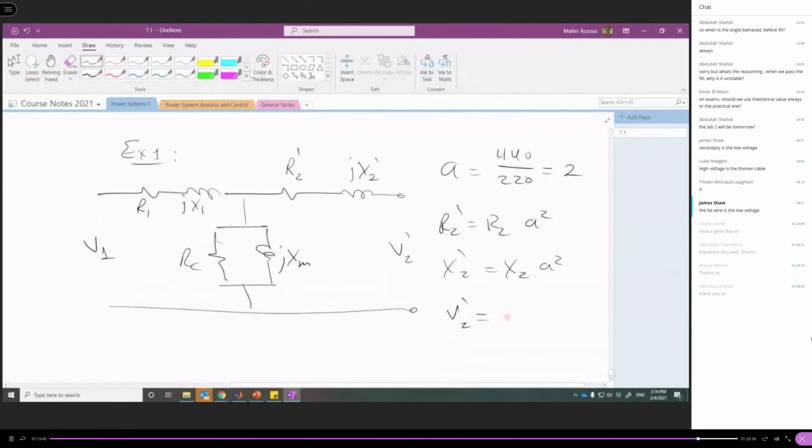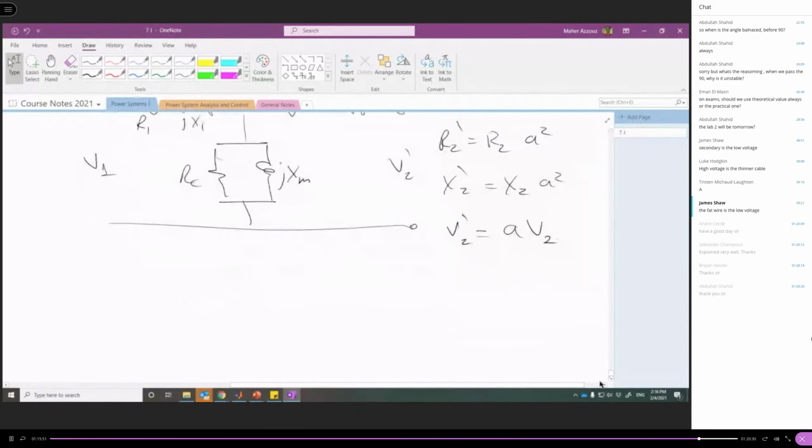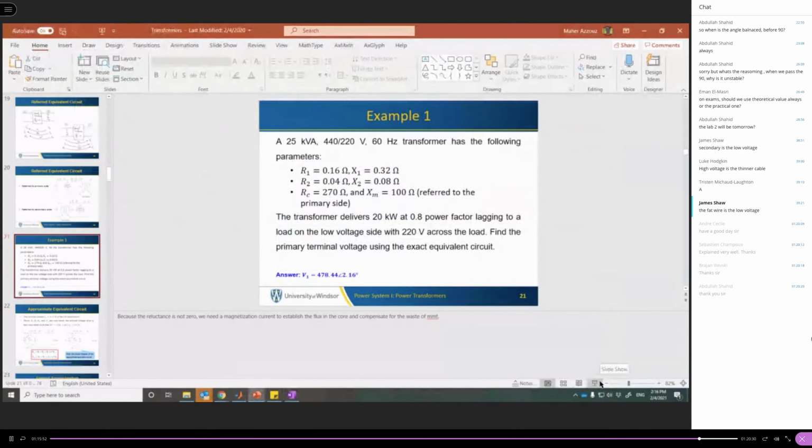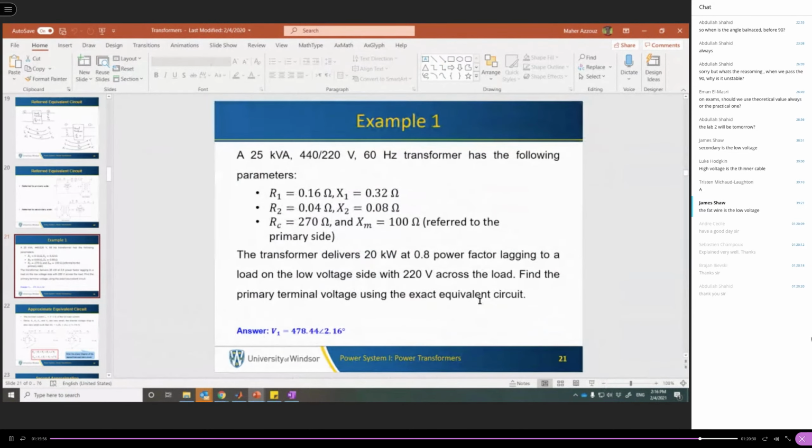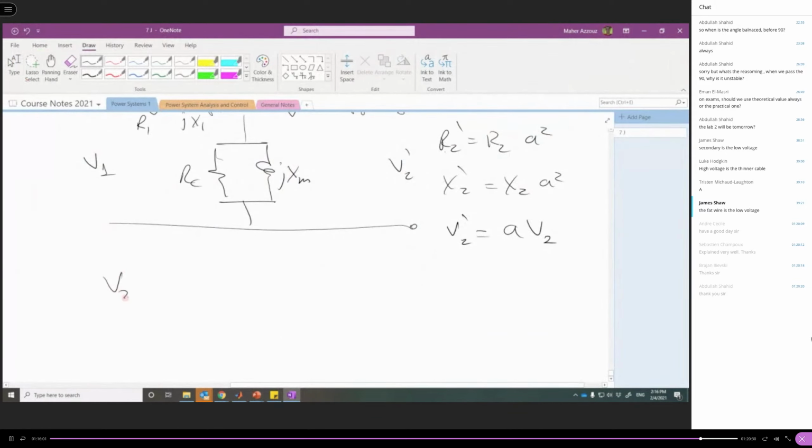V2 dash is equal to A V2. V2 is given. V2 here is 220. So V2 dash is 220 times 2, so it is 440. And this voltage should be a phasor voltage. It should have an angle.